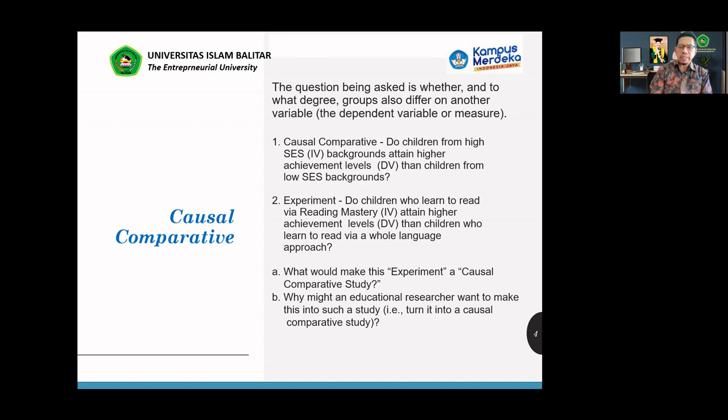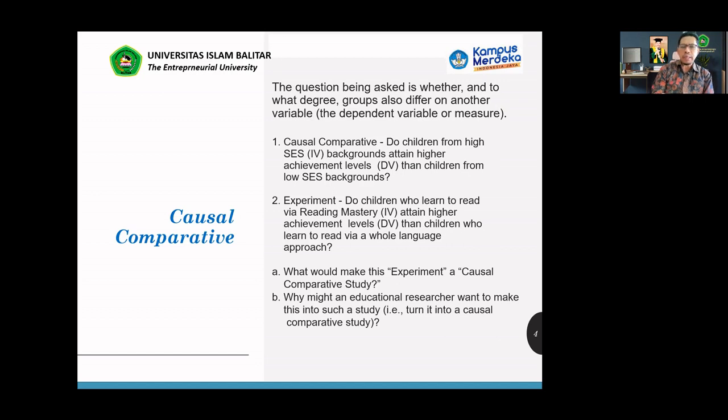In causal comparative research, for example: do children from high socioeconomic status backgrounds, the independent variable, attain higher achievement levels, the dependent variable, than children from low socioeconomic status backgrounds?